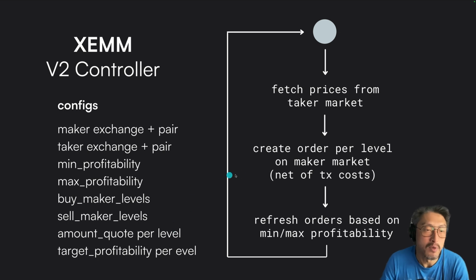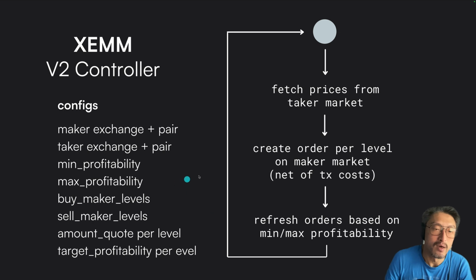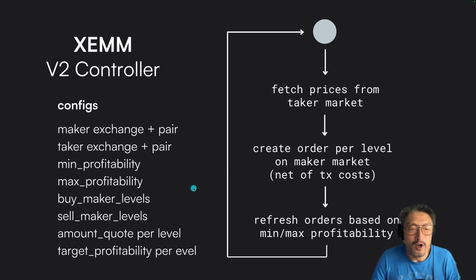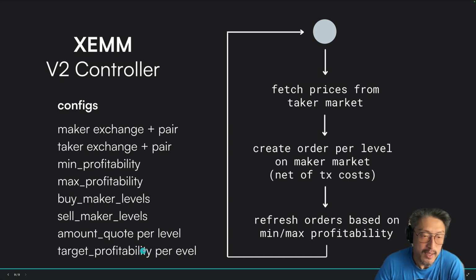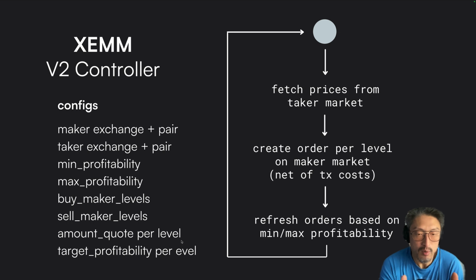So you can use an AMM, for example, as the taker exchange if you hook up a gateway to this repo. The other thing this allows you to do is define multiple order levels. For example, you may want to set a tighter target profitability for a smaller order amount, but then reserve a large order amount and target a larger profitability for that. This is very similar to how market makers have larger orders at different order levels.